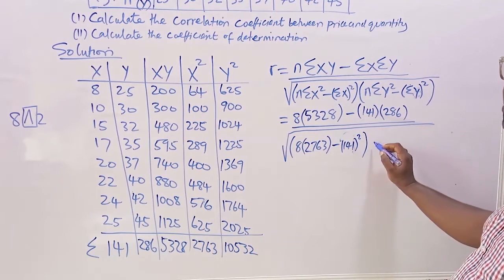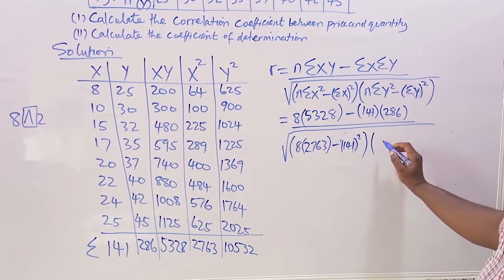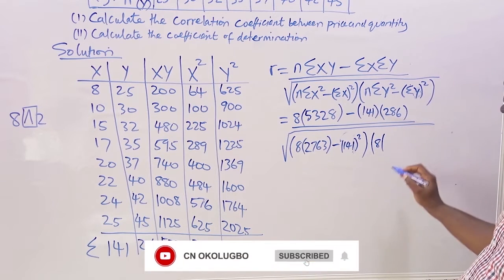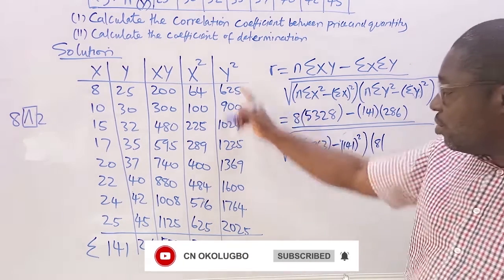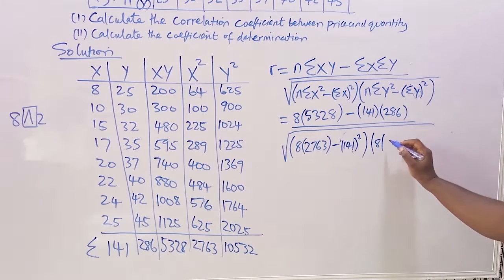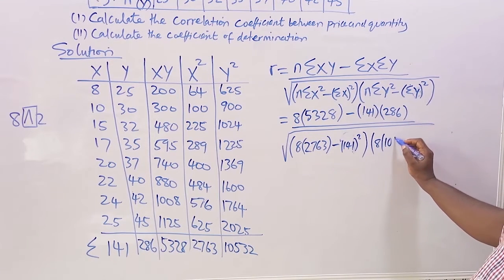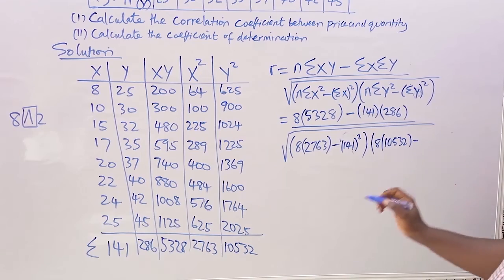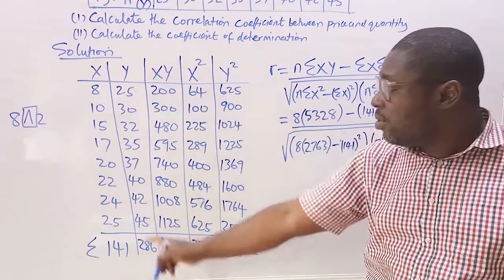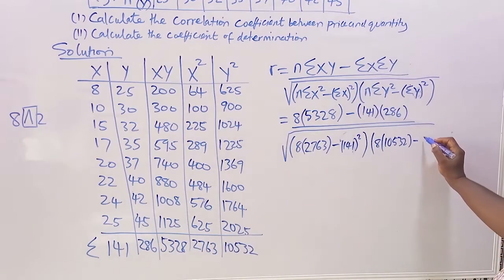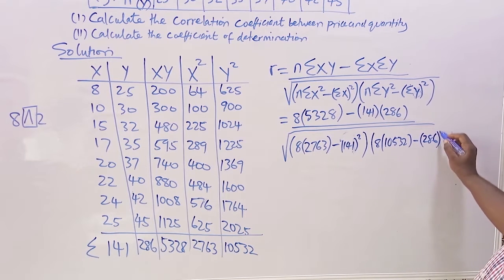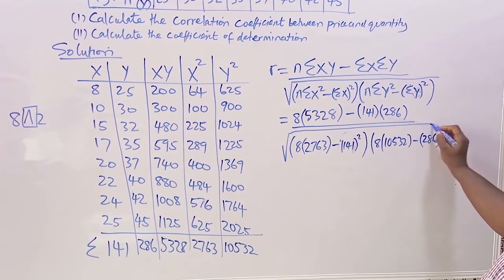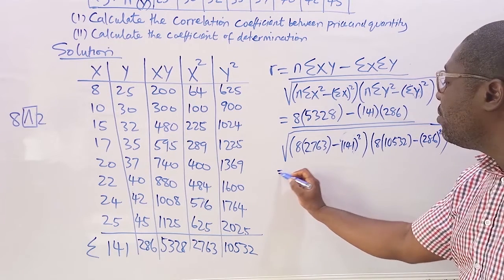We close the bracket. Multiplied by 8 into summation y squared, which is 10,532, minus summation y, that's 286 all squared. I will close the bracket. So this is what we are dealing with now.